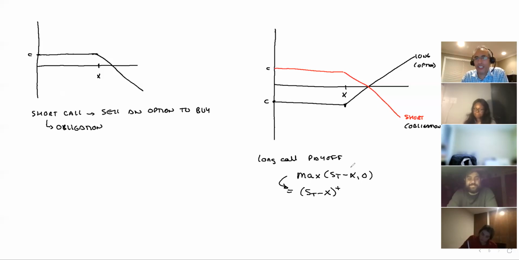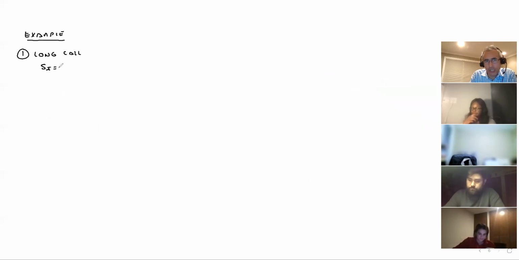Let's do one example. It's clear, so let's do one example. Let's assume you go long call. The price at time t, so the small t is now, is imagine 10. Your exercise price, your strike price, is going to be equal to 12.